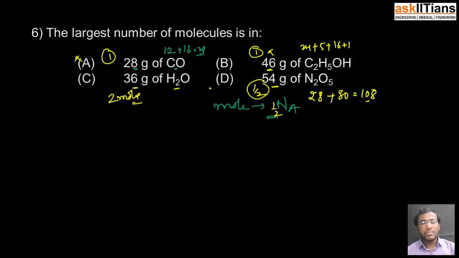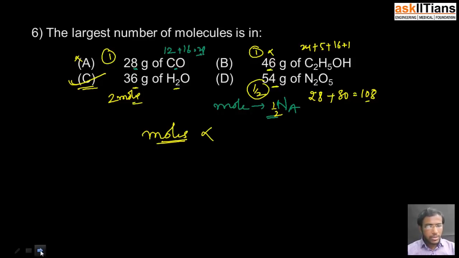Which contains the large number of molecules, that is having more number of moles, that is surely C. C is going to be the correct option. In any case, when these kinds of questions are given, just calculate the number of moles. The moles is proportional to the number of molecules. If more moles are there, then obviously more molecules are going to be present. So C is the correct option.